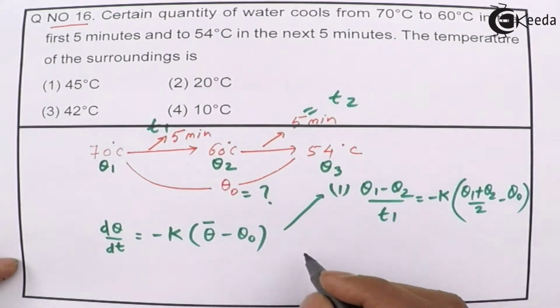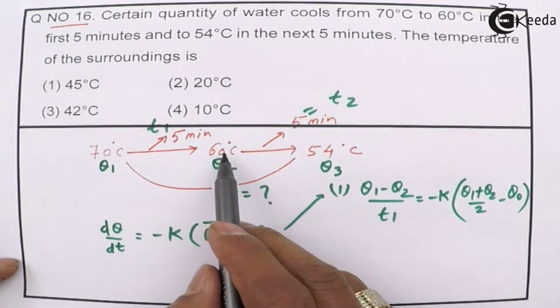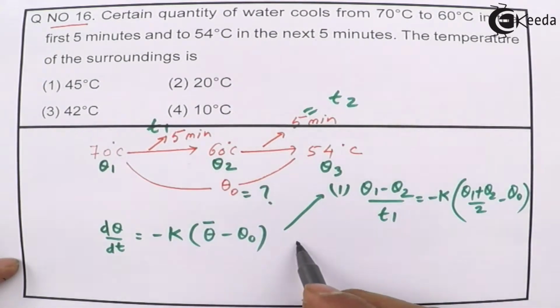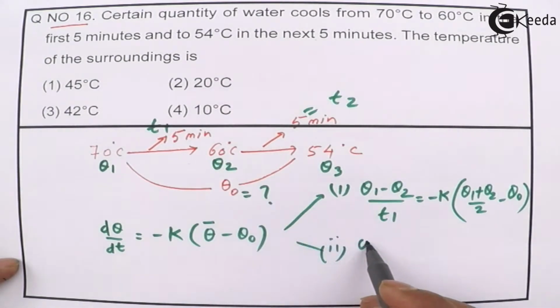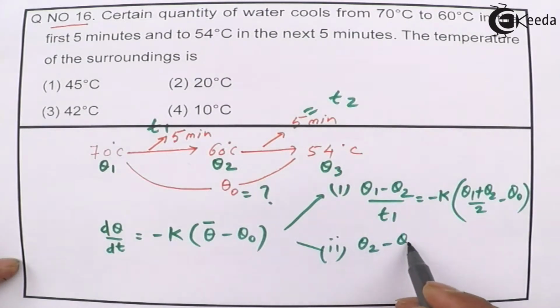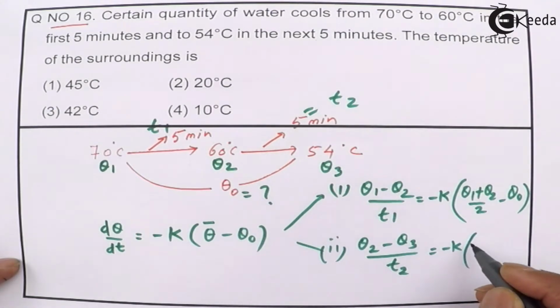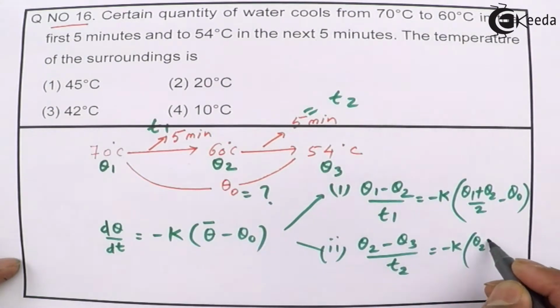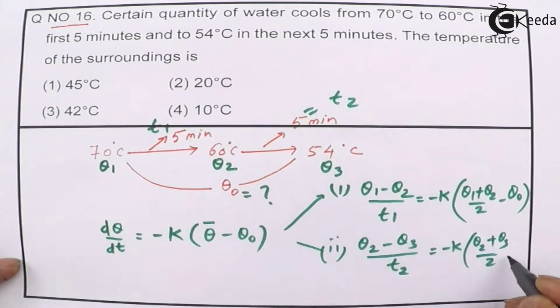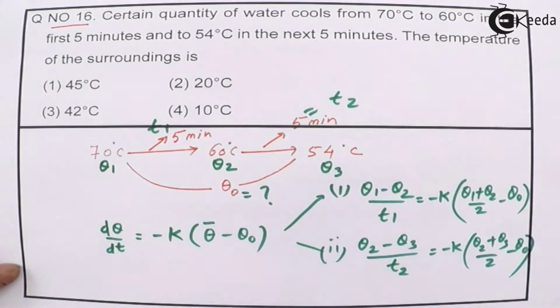This is one equation. Another equation will be from here. The second equation I'm getting is theta 2 minus theta 3 divided by t2, the time taken for that, is negative k times theta 2 plus theta 3 by 2 minus theta naught.